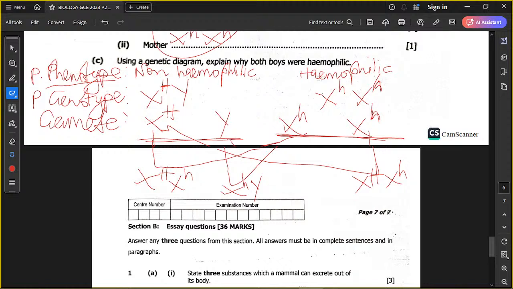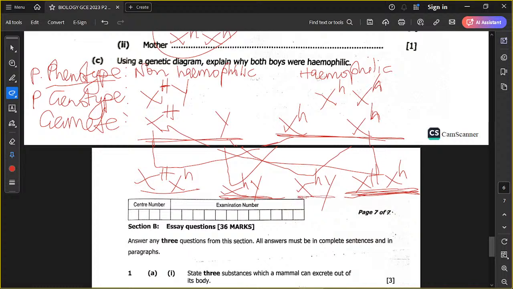It will be like this, then like that. Then it will give us X, H, Y. Now we can see that these two are girls, and these two are boys.